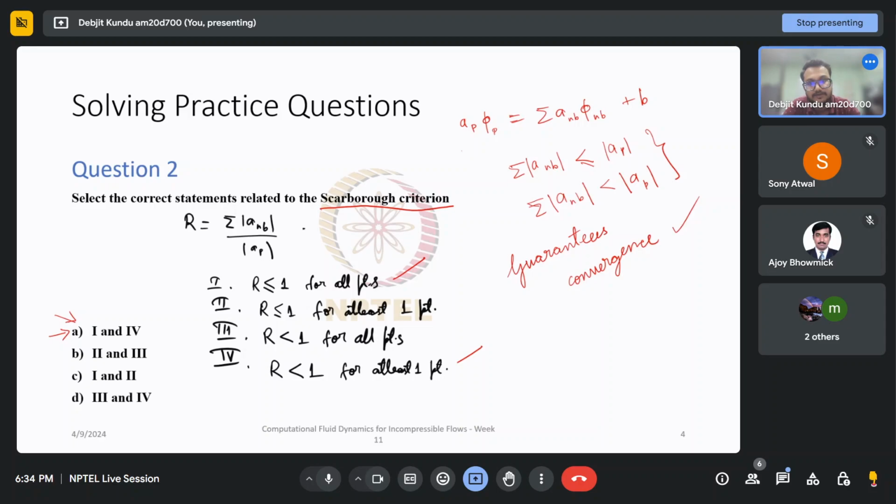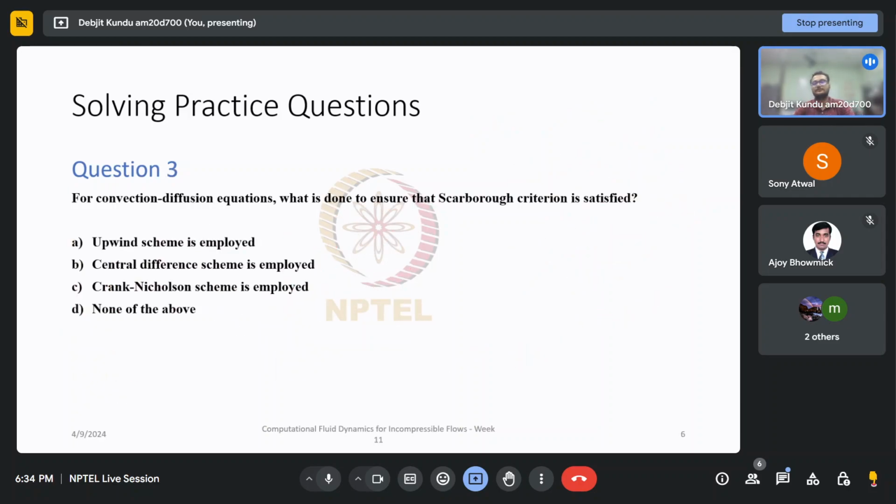Okay, any other question? Anyone? All right, so let's move along. We'll move on to question number 3 now, which is asking us that for convection diffusion equations, what is done to ensure that Scarborough criterion is satisfied for convection diffusion?